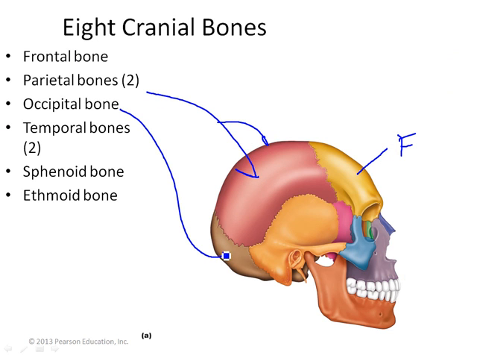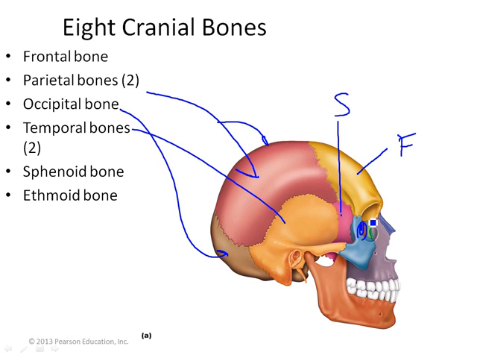Your occipital bone, back of your head. You have a temporal bone on this side, and then one on the other side. The sphenoid bone is kind of inside the skull, but you actually can see part of it here. This is the sphenoid bone. And then you have the ethmoid bone. And ethmoid bone, again, it's a bone also that's kind of inside the skull, but you can see a little bit of it right here, this little orange bone. Right here. So those are the bones that make up the cranium.